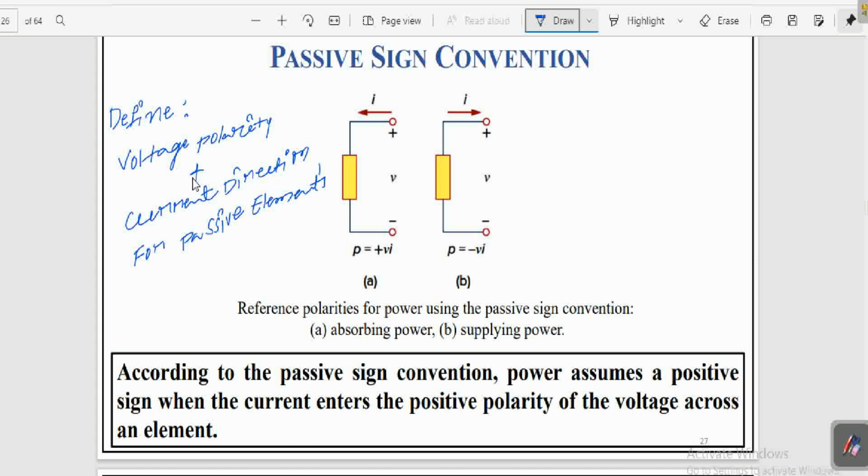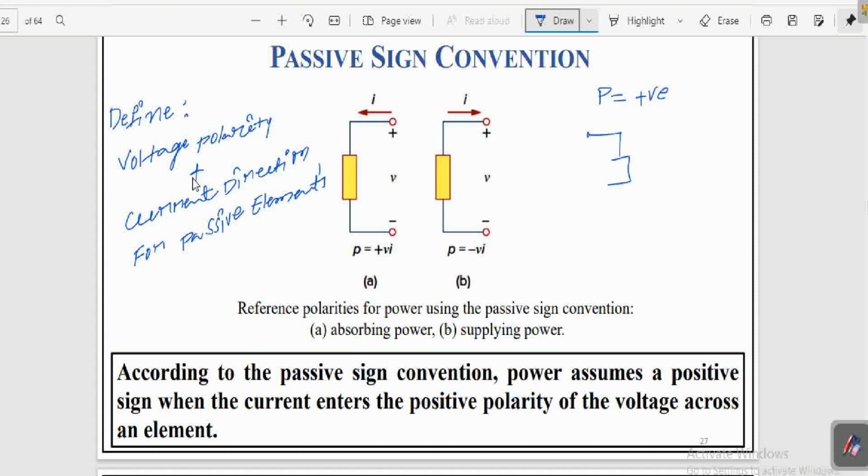So what type of convention do we have to use here? The convention is that power is considered positive when current enters the positive polarity of the voltage across the element.